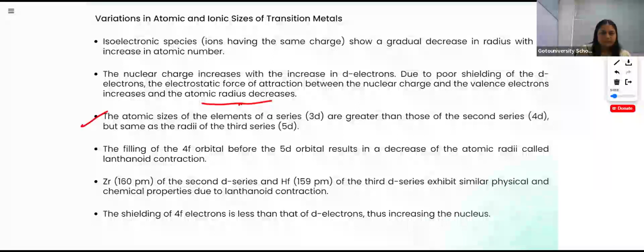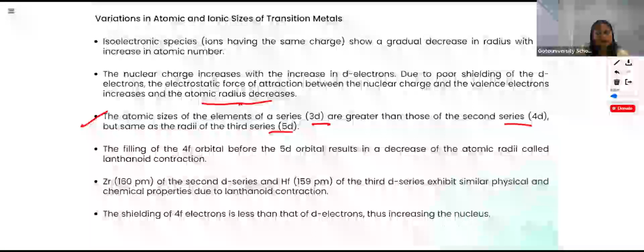If we read here, the atomic sizes of the 3d series will be smaller than the 4d series and 5d series. Why? Because moving down the group, atomic size will increase, ionization energy will decrease, and obviously there will be more electron pairing in 4d and 5d compared to the 3d orbital.